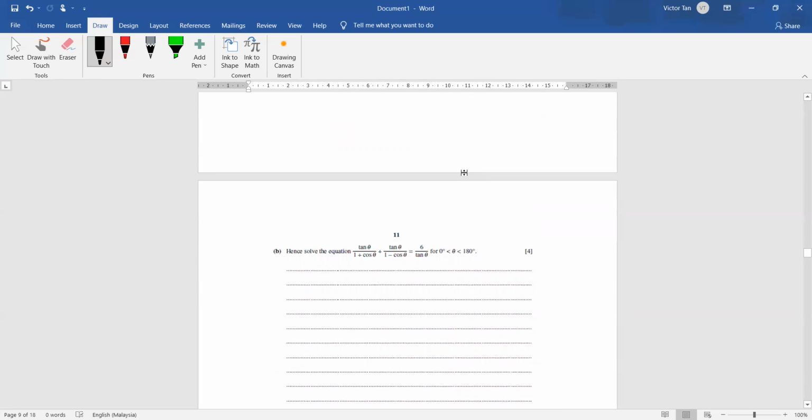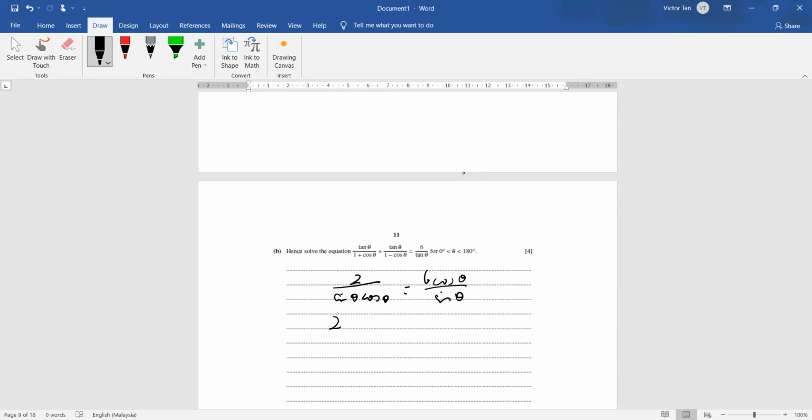Then you're asked to solve the equation. So this is 2 over sine theta cos theta, and changing tangent theta to sine theta over cos theta, this one you get 6 cos theta over sine theta.